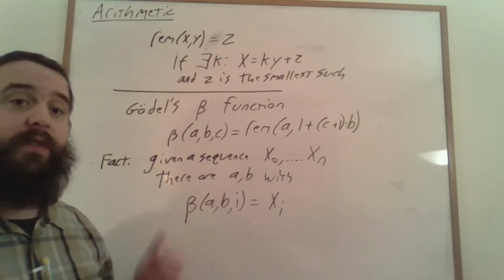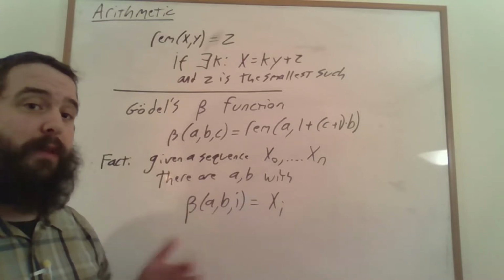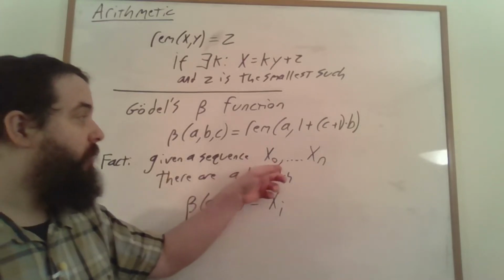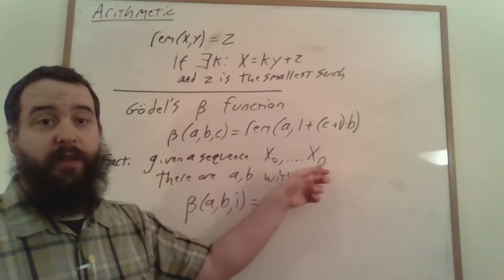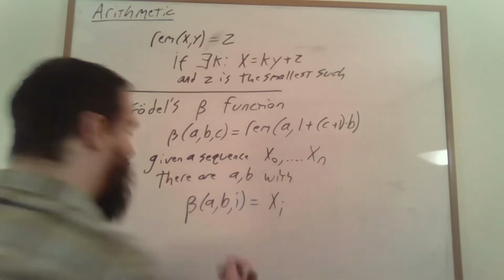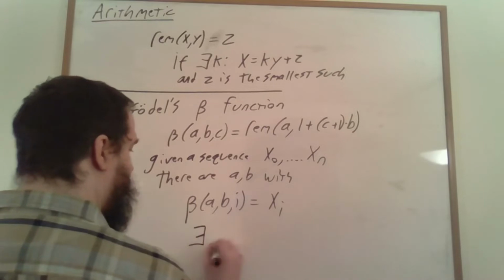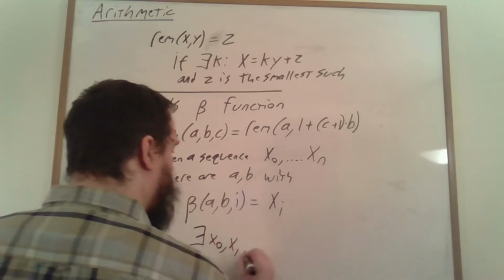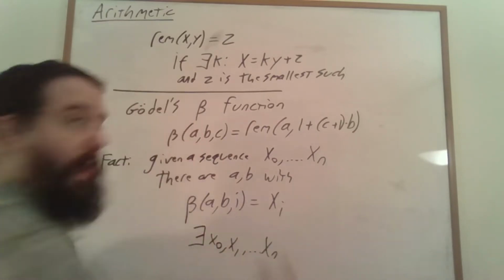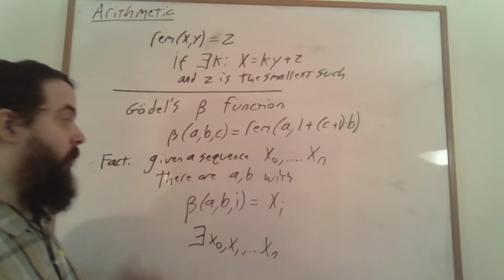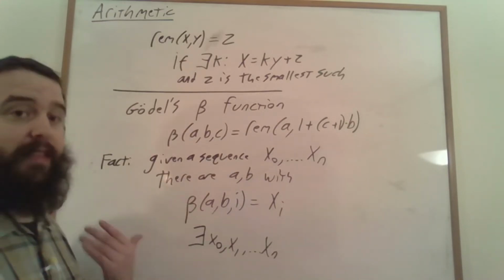On the other hand, first order logic does not come with a built-in way of quantifying over arbitrary tuples of elements of our structure. If we wanted to be able to say there exists an x0, x1 through xn satisfying some certain properties, we would need to translate it somehow.